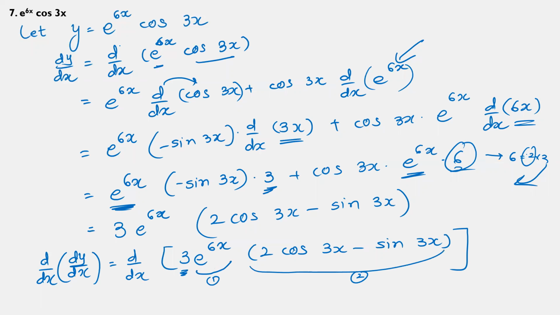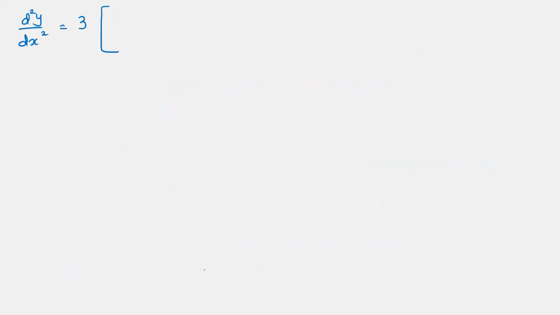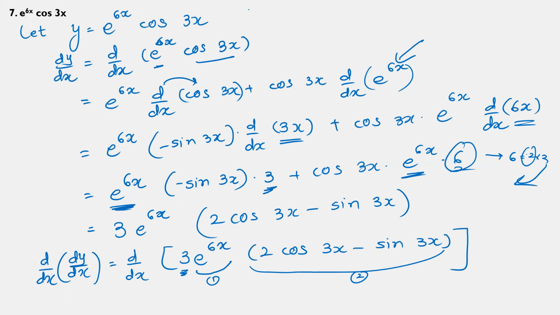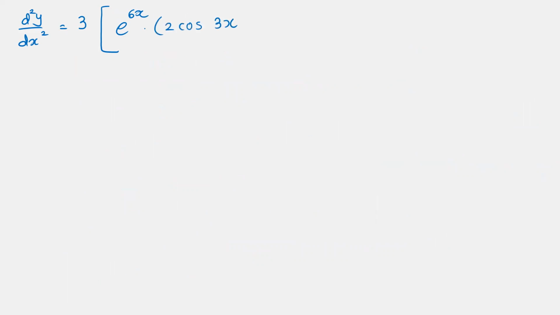So it is d2y by dx2. 3 is out already. Now inside the bracket, the first quantity is e to the power 6x as it is, into the differentiation of the second quantity, which is 2 cos 3x minus sin 3x.